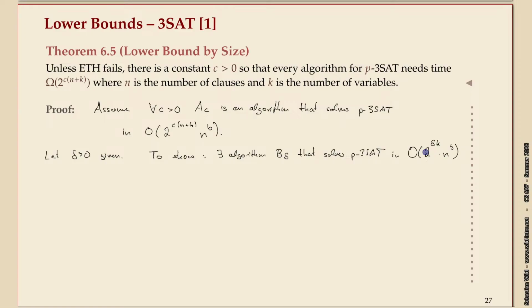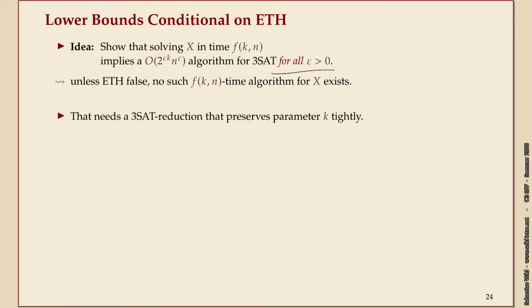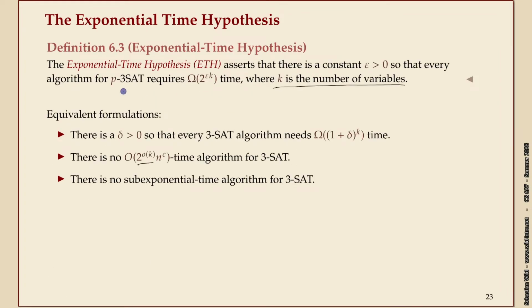So if that was true, it would contradict the exponential time hypothesis, because this is true for any arbitrary delta. So there can't be, like the exponential time hypothesis claims, there can't be such a constant where this is no longer possible if I can find, for any arbitrary small constant, an algorithm that still does it in that time.